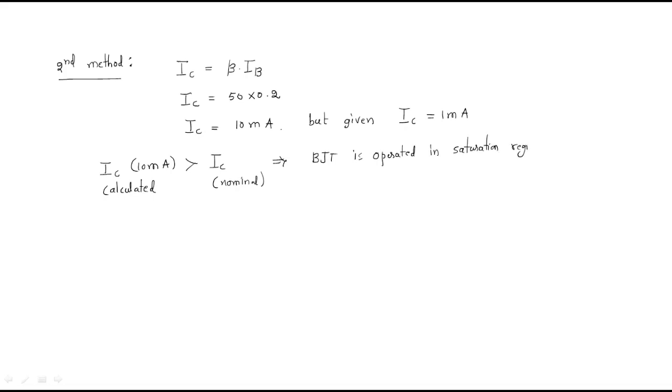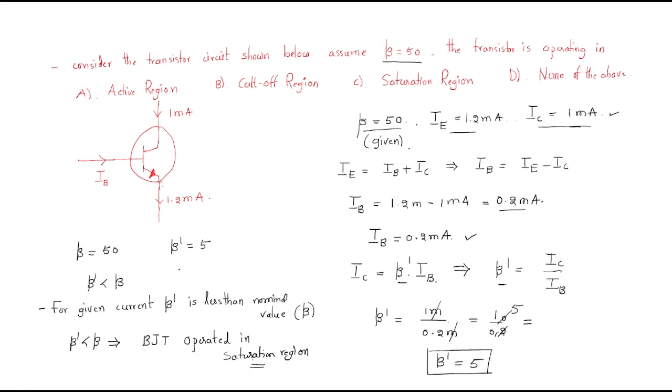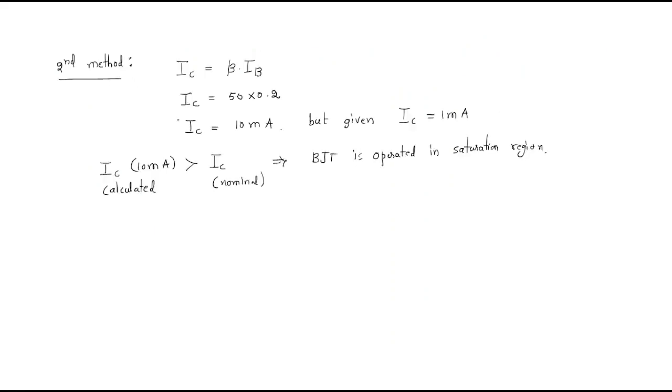This is also an important thing. In order to find out the saturation region, first you can proceed by calculating beta, one method. The other method is finding it by the collector current. By using these two methods we can find out whether the given BJT is in the saturation region or not.